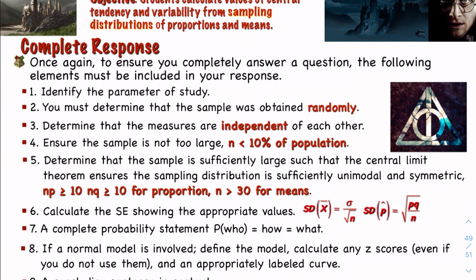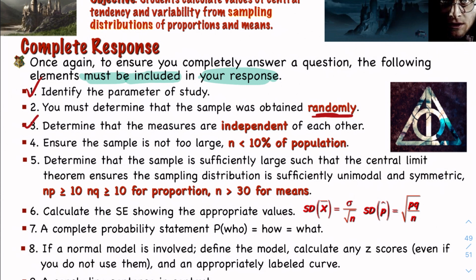So to wrap this up, to give me a complete response, once again, to ensure you completely answer a question, the following elements must be included in your response. And this is where people go, oh, do I have to do this? Yes. 1, you need to identify the parameter of study. 2, you must determine that the sample was obtained randomly. 3, determine that the measures are independent of each other.